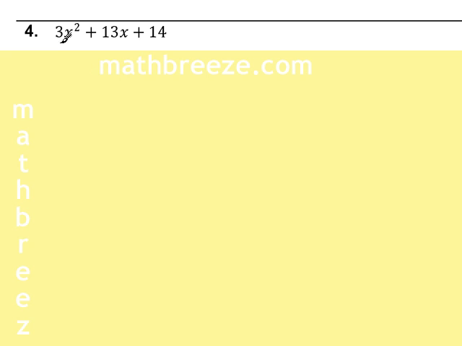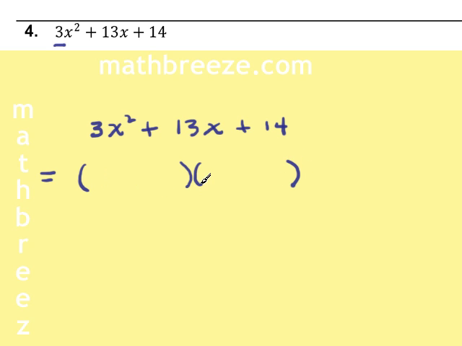In number 4, we have a coefficient of x squared that's different from 1. All right, let me just rewrite this. 3x squared plus 13x plus 14. All right, we're going to put down our 2 sets of parentheses, starting our reverse FOIL process. First times first is 3x squared. So the only way of factoring 3 is 3 times 1.